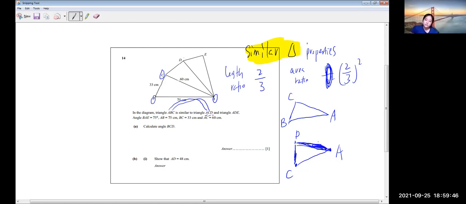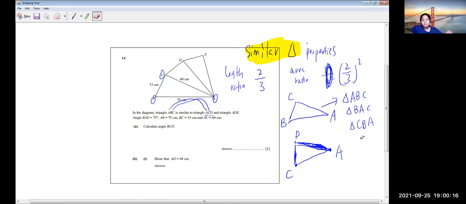Can you follow? What I'm trying to say is, if I ask you to name this triangle, you can name it triangle ABC, or triangle BAC, or triangle CBA. Strictly speaking, you can name it one of the three.